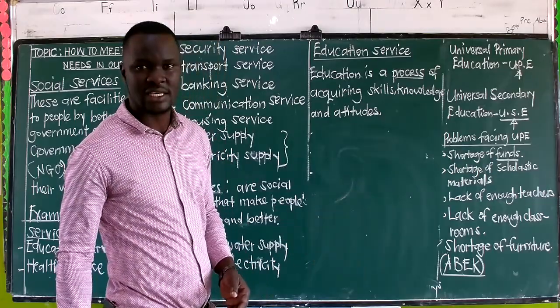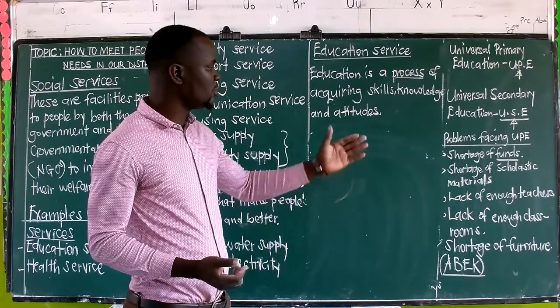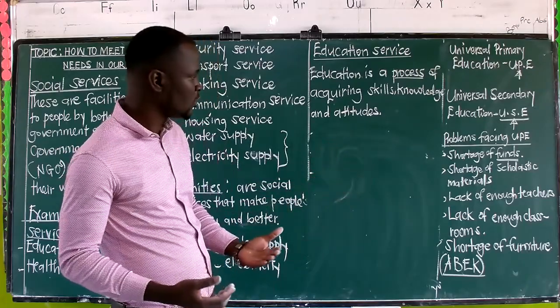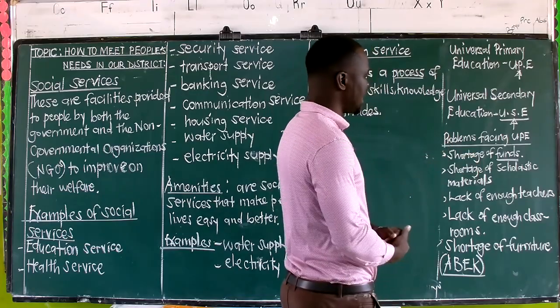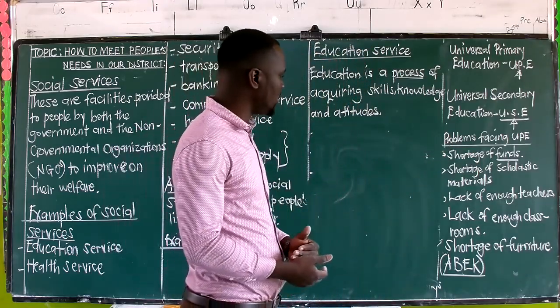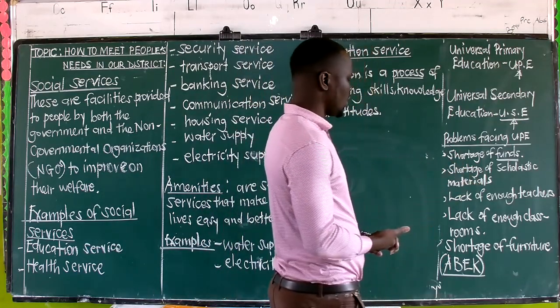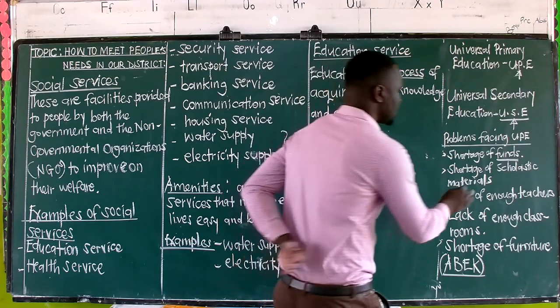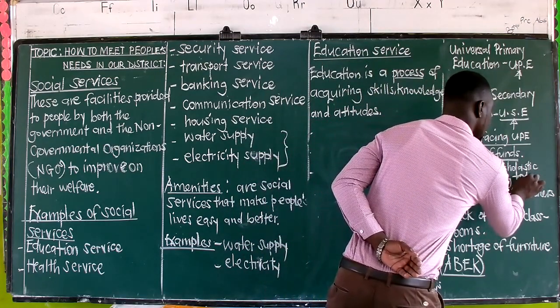So when you are asked how the UPE can be improved, you base on the problems. Like the problem says shortage of funds. What should be done? The government should allocate enough funds to the UPE program. Then there are no scholastic materials. We have talked about scholastic materials, for example, the textbooks.